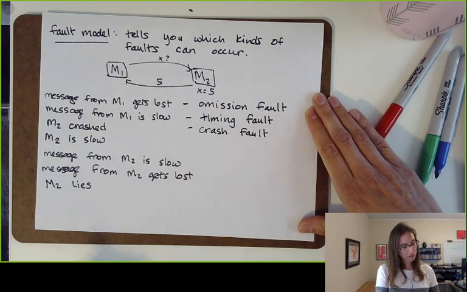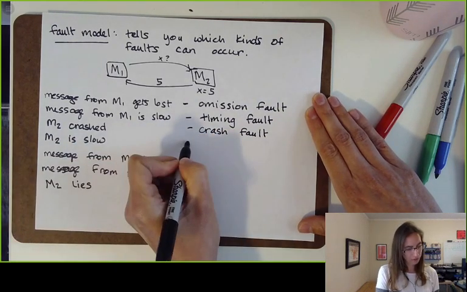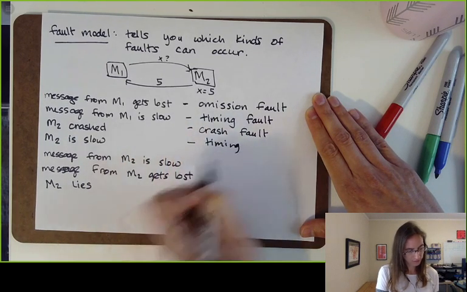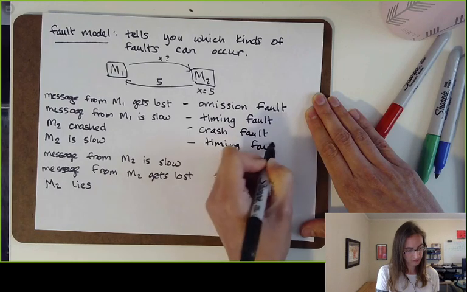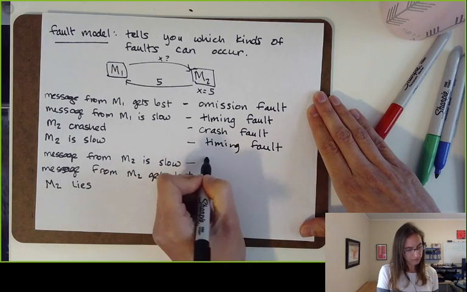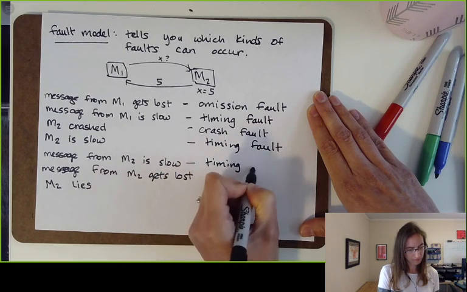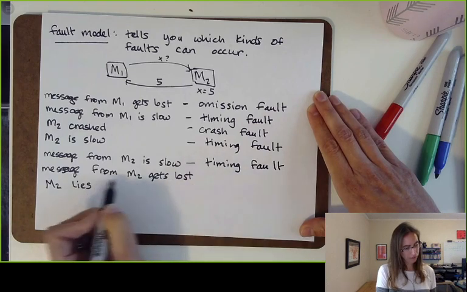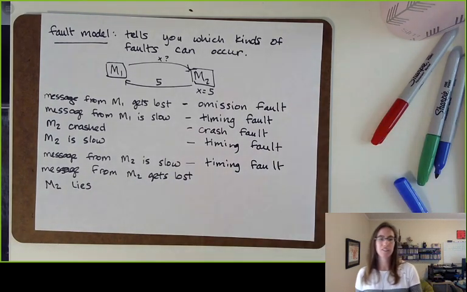And then we can kind of fill in the rest here. So this one also has to do with slowness. So that's another timing fault. This is another timing fault. What's this one where the message from M2 gets lost?